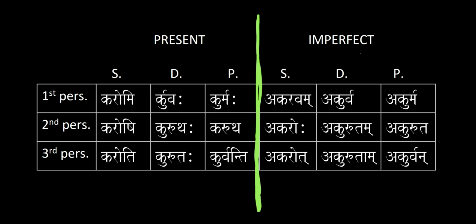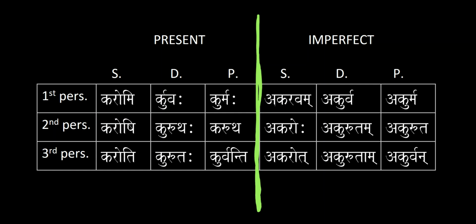Now for imperfect or past tense, we have third person, singular, dual, and plural. We have akarot, akurutam, and akurvan. Second person: akaroh, akurutam, and akuruta.